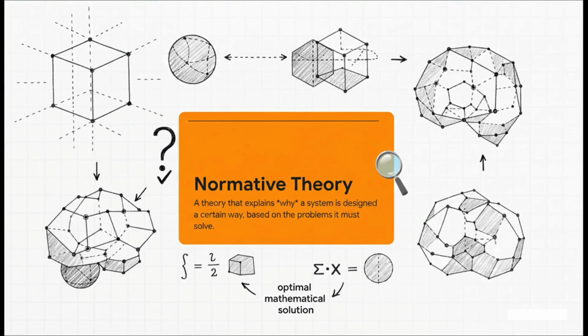It doesn't just describe the what, like what kind of cells are in our brains. It explains the why our brain must have those specific cells. It's because they are the one and only optimal mathematical solution to the problem of seeing in our world.